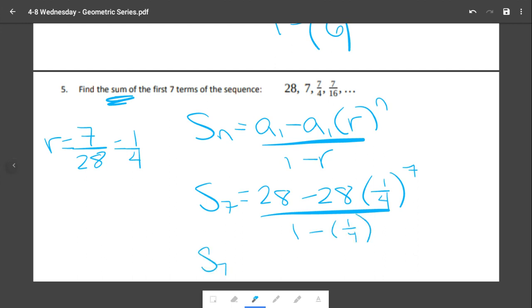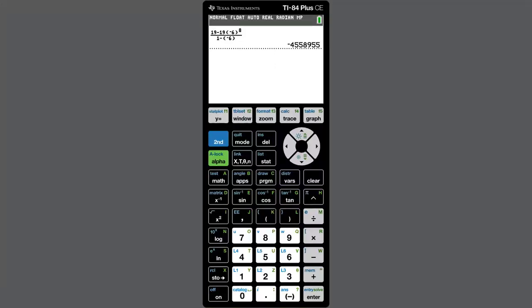So we are going to plug this into our calculator. Alpha y equals choice 1. And you should get this nice big fraction.